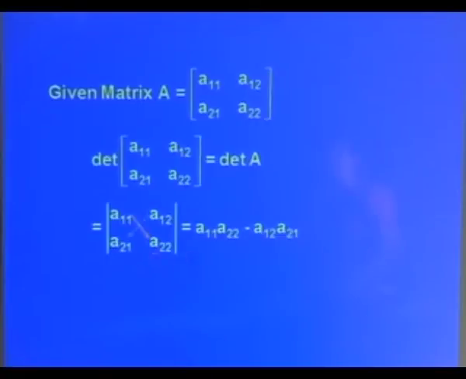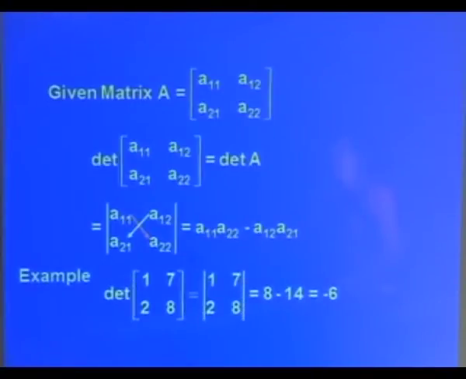This is a11 a22 the first term and a12 a21 is the second term with a minus sign in between. Now, for example, if I have been given a matrix 1 7, 2 8, then its determinant can be computed as 1 into 8 is 8 minus 7 into 2 is 14, and the result is minus 6.